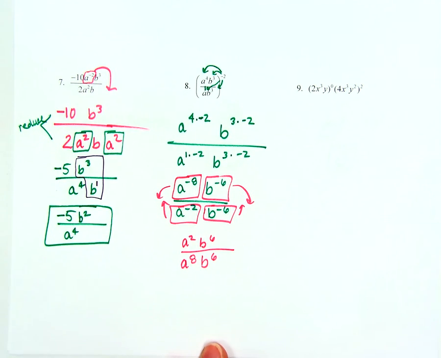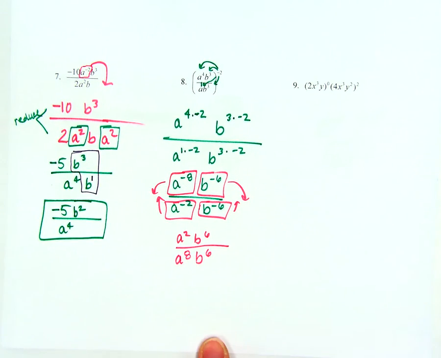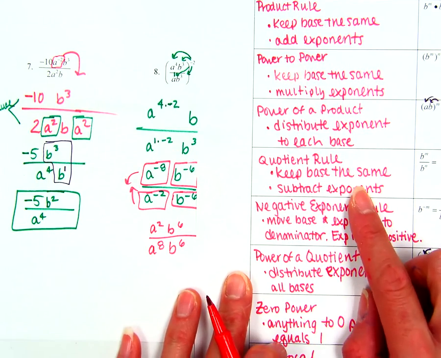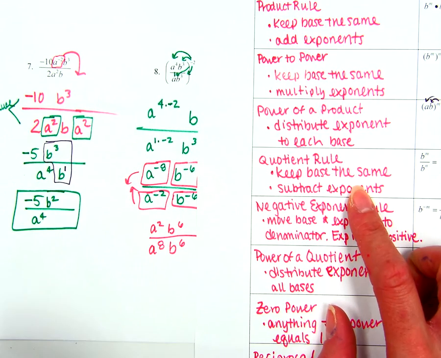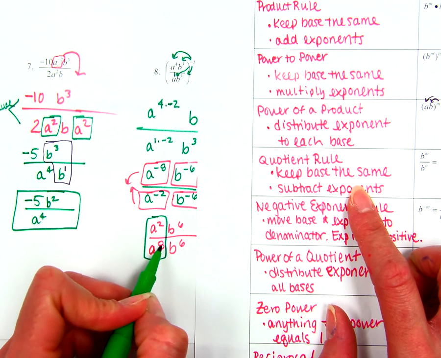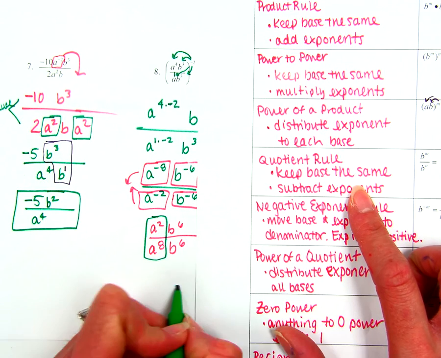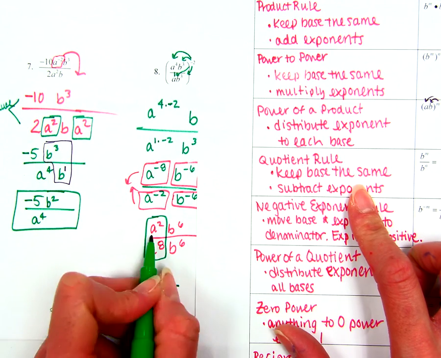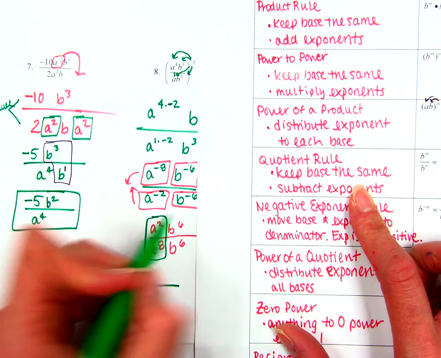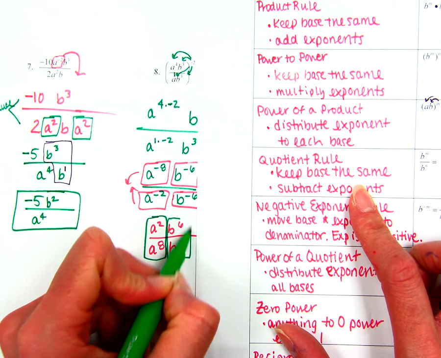All right, so now I'm going to use my quotient rule again. In my quotient rule, I look for the same base. So if my bases are the same, you just subtract your exponents. So I don't want to do 2 minus 8. I want to do 8 minus 2. 8 minus 2 is 6. So where did I have the bigger amount of exponents? It was in the bottom. So I'm going to put a to the 6th on the bottom. And then here, 6 minus 6 is 0.